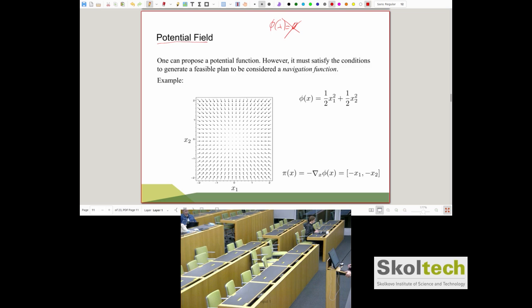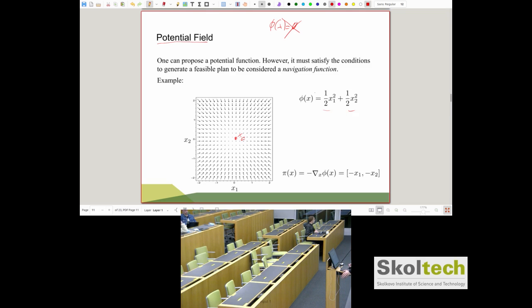Let's start with a very, very simple one. If you remember, all of them were pointing to a position. Let's say that this position, why not, is our goal. It should be the other way around: you first define the goal, and then you might have this potential built. So in this example, I'm just proposing this potential.